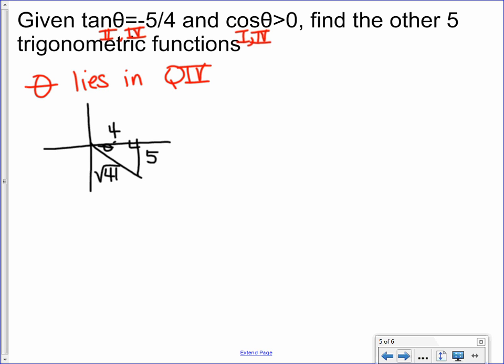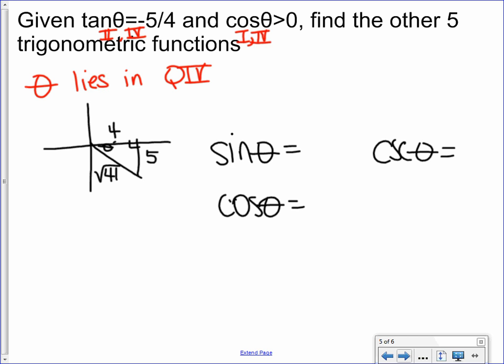Okay. So we need the sine, cosecant, cosine, secant, and cotangent of theta. Well, if tangent is negative 5/4, what's cotangent?